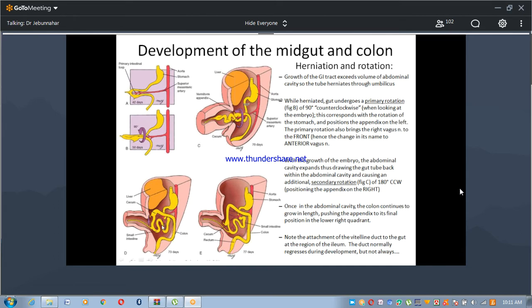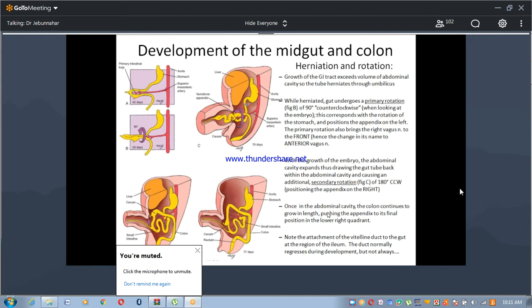In this secondary rotation, the appendix positions on the right side. This is the appendix. The appendix was in the left position, but here again it assumes its right position.